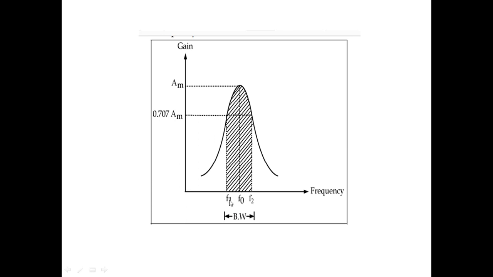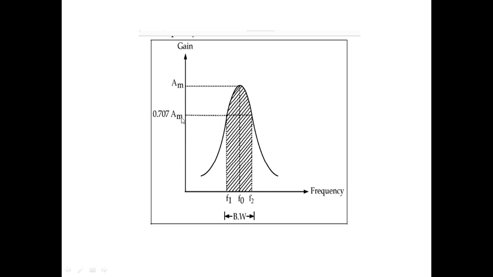Next, the values F1 and F2 are taken at 0.707 AM. This is called 70 percent of the maximum gain. If we calculate it in terms of percentage, 0.707 AM is 70 percent of AM.